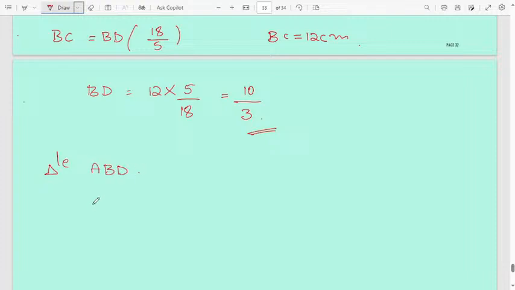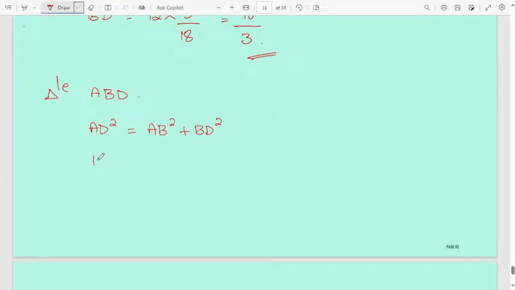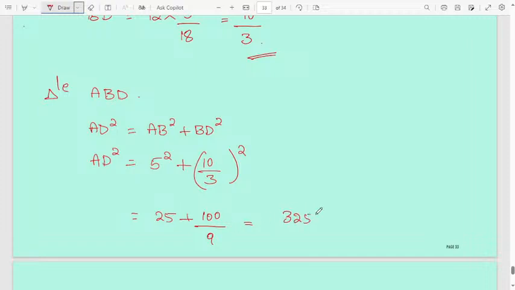ABD, right angle triangle. Then AD square will be equal to AB square plus BD square. AD square will be equal to 5 square plus 10 by 3 whole square. Simplify, 25 plus 100 by 9. Take LCM, you will get 325 by 9.